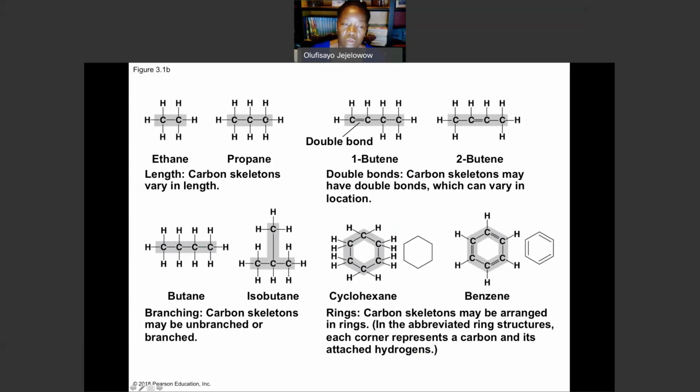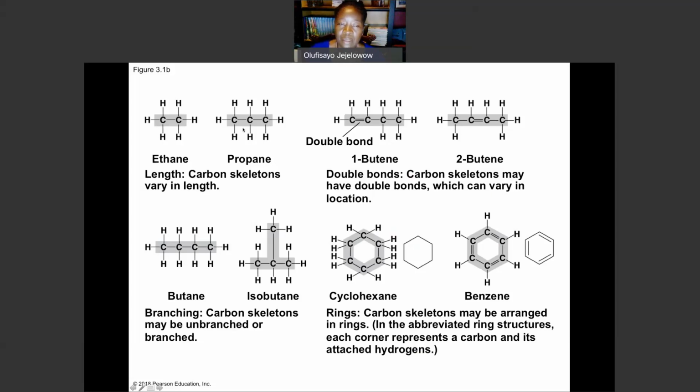The other 2 terminal carbon atoms are sharing their remaining 3 electrons with hydrogen. So this hydrocarbon is called propane. And with 4 carbon atoms in the carbon chain, we have butane.